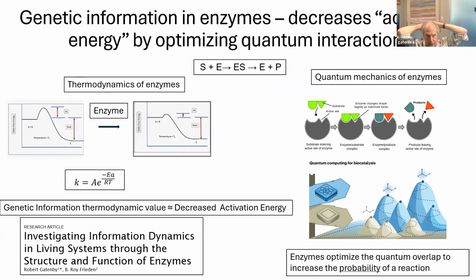What I used is the genetic information in enzymes to think about how information works. Reactions in the absence of enzymes or catalysts are governed by the empirically derived Arrhenius equation, which links the reaction rate to the energy of activation and the temperature.